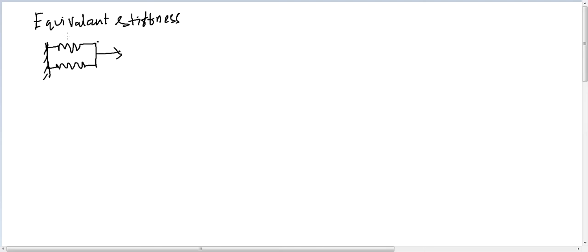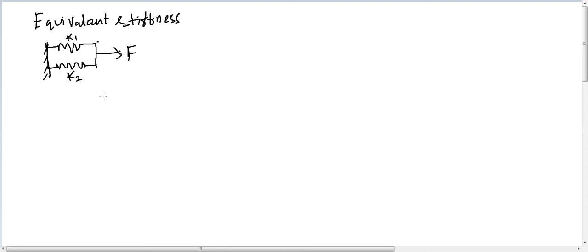Let us say this is k1 and the stiffness of spring 2 is k2, and we are applying force F in this direction. In this case, whatever force we are applying is shared by spring 1 and spring 2.